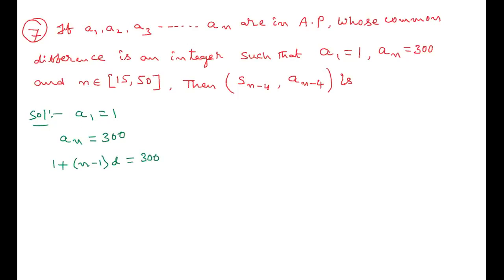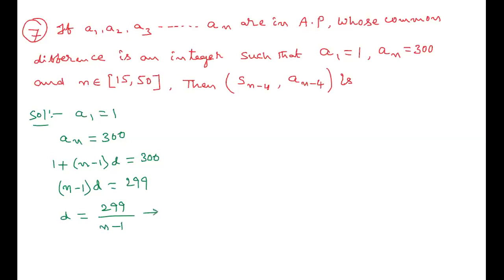Here observe that n minus 1 into D is equal to 299. What is D? D is equal to 299 divided by n minus 1. D is the common difference.